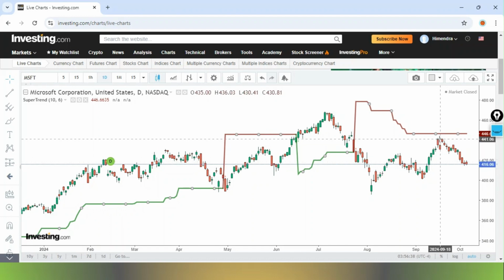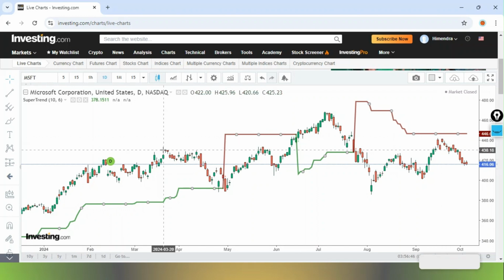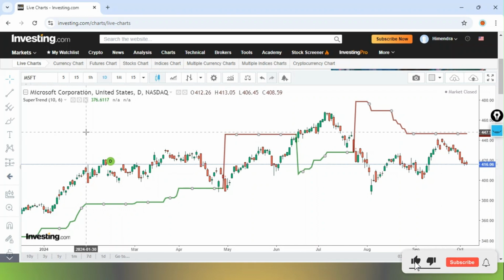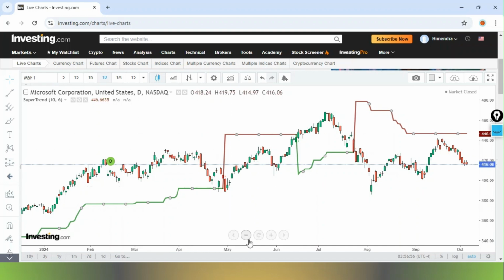Till the time Microsoft is below 446, it is in a downtrend. I hope you are able to relate it with your stock and the price and the entry point and exit point.